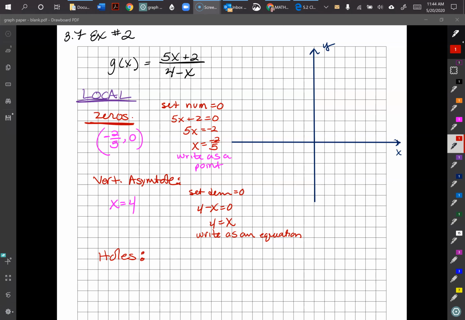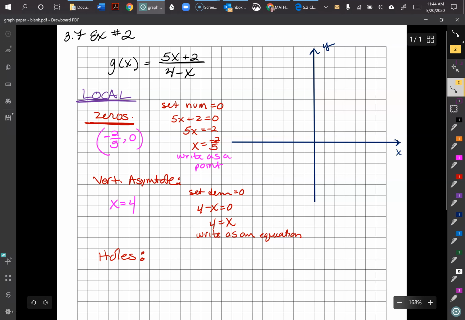And now we're also going to look for holes. A lot of times there isn't going to be a hole unless you're going to be factoring. Then you'll see how that works out. But in this case, let's look back up here at our function. 4 minus x, and we have a 5x plus 2 in the numerator, so nothing factors out.